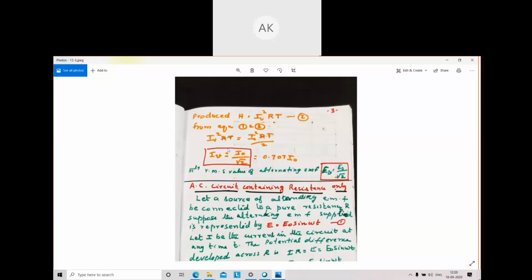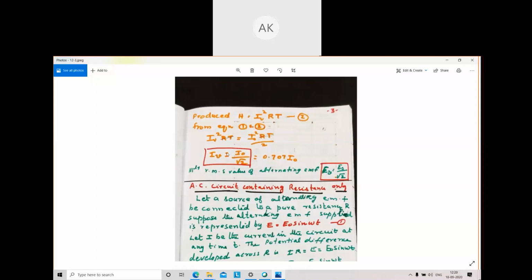This equation is very important for doing problems, because always 230 volt is applied. That means that is the virtual value of voltage. So always we need the virtual value of current and virtual value of EMF. So this relation you should know: the virtual value and the maximum, or peak, value of AC.